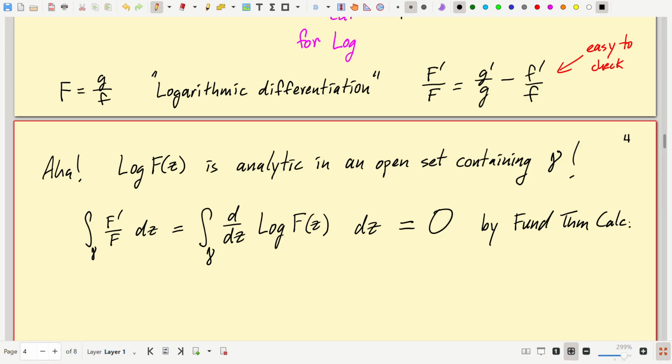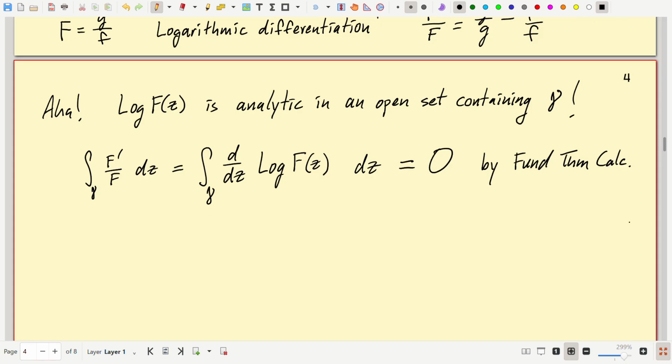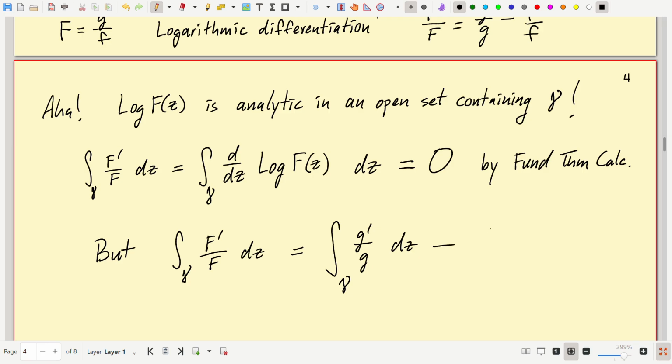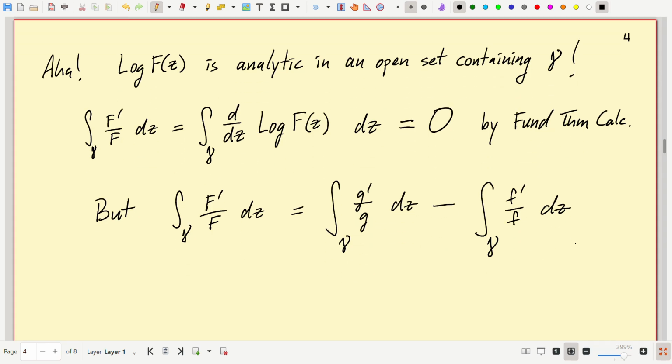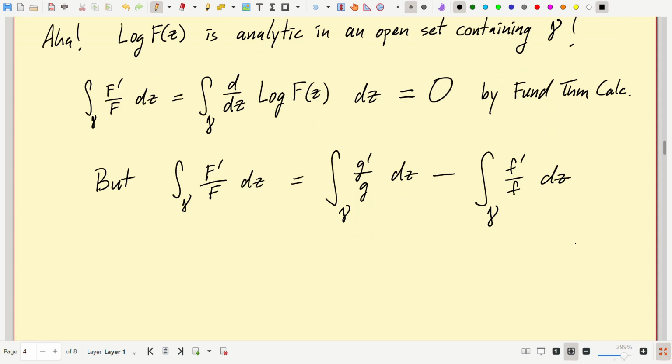Okay, and therefore that's equal to, by that logarithmic differentiation fact, the integral on gamma of g prime over g dz minus the integral around gamma of f prime over f dz. I just showed you that's 0.